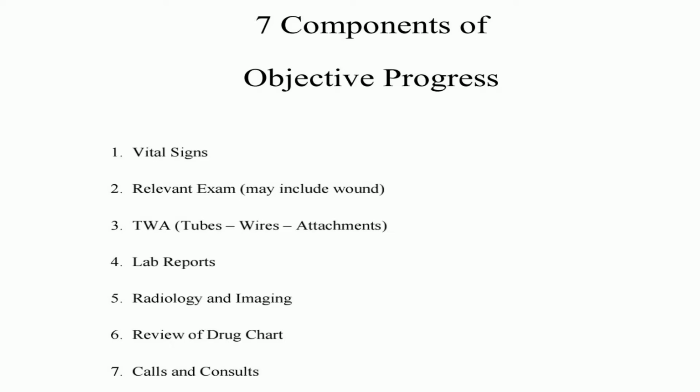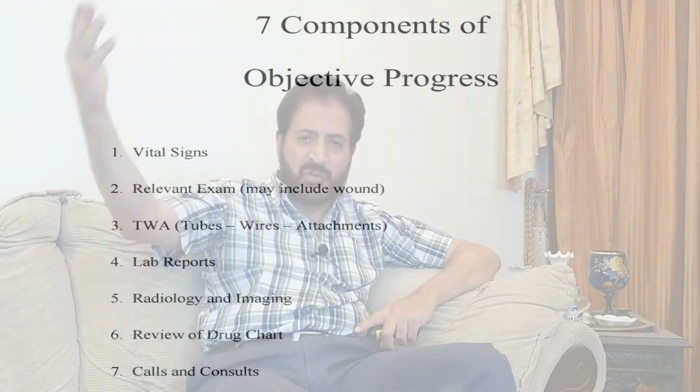So you note the characteristics of what is happening to the tubes, wires and any attachments coming in and out of the patient. Then any labs over the last 24 hours, any new radiology or imaging over the last 24 hours. Number 6 is that you review the drug chart of the patient, and number 7 is that you review whether there has been any result of the calls or consults that you sent for this patient to another specialty.